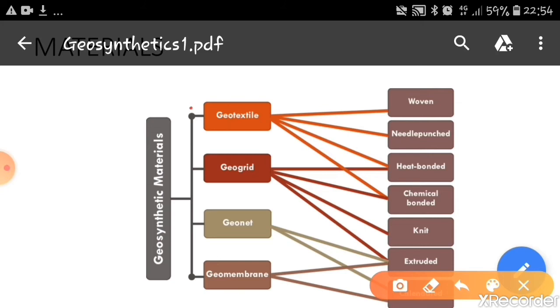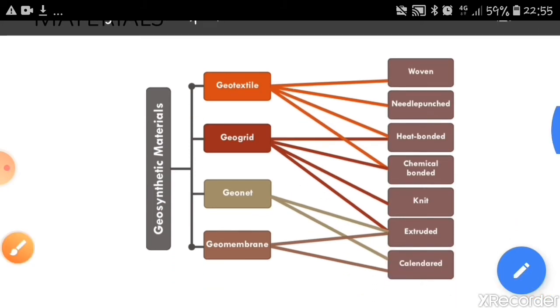So these are the different techniques from which geotextiles are manufactured. When we talk about geogrids, the materials are manufactured either by heat bonding or chemical bonding or by knitting or extrusion.